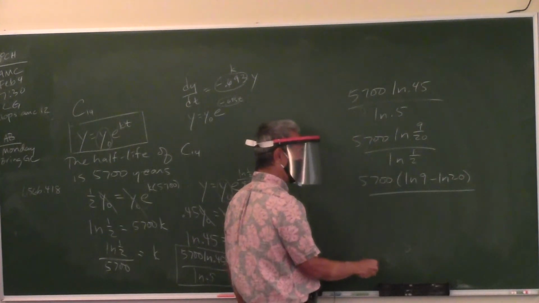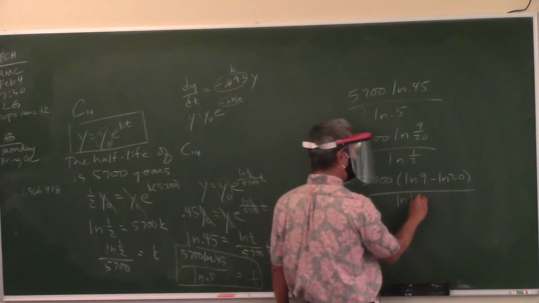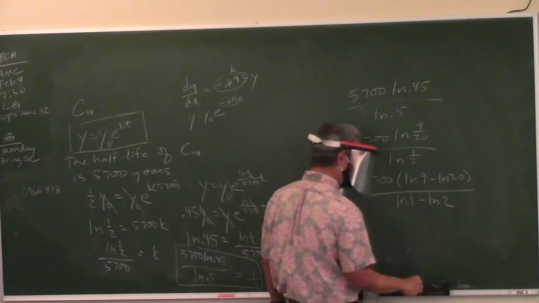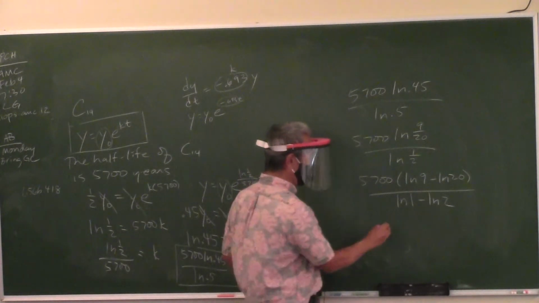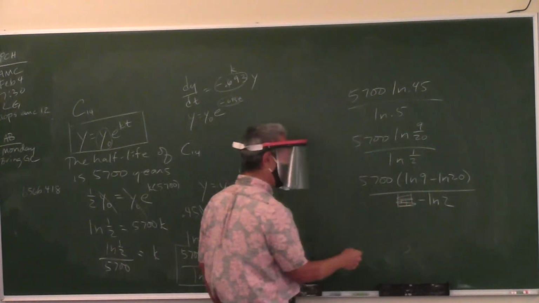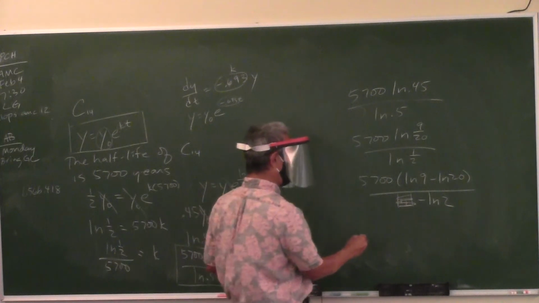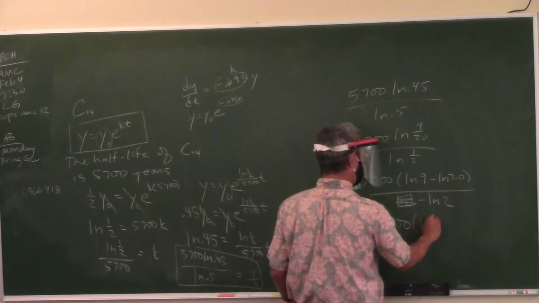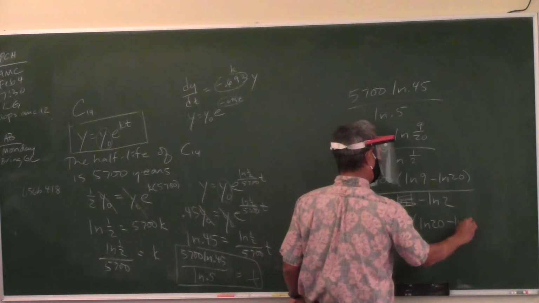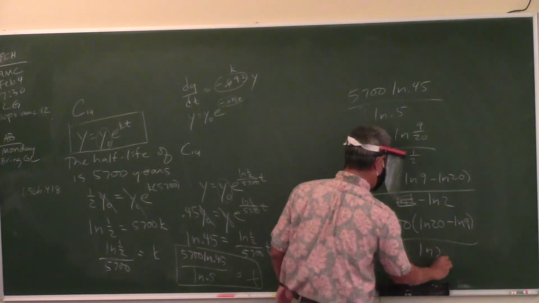What about 1/2? Natural log 1 minus natural log 2. But what is natural log 1? 0. So you have this, and they could write the answer like this: 5700 times natural log 20 minus natural log 9 over natural log 2.